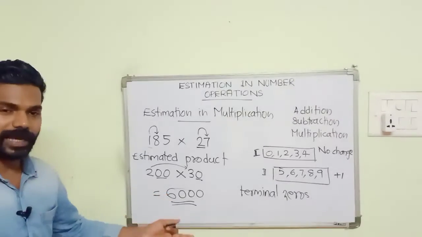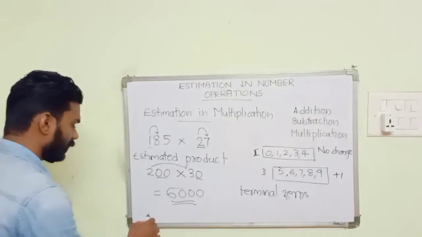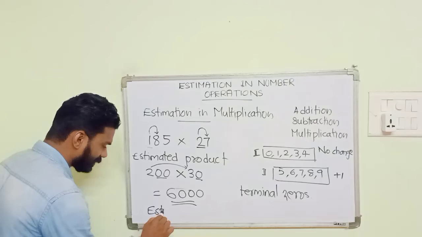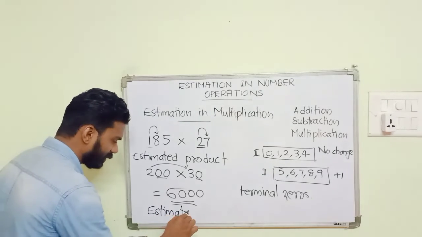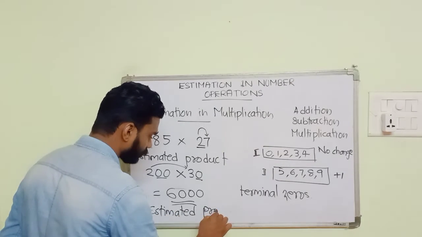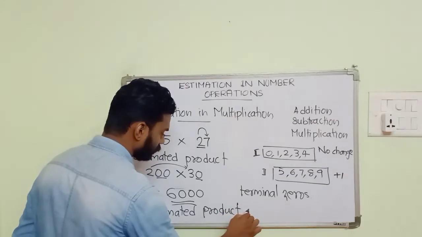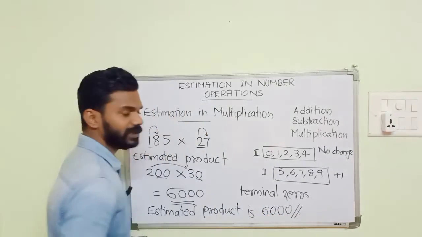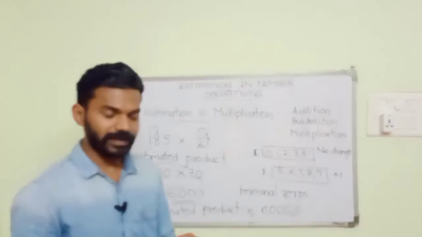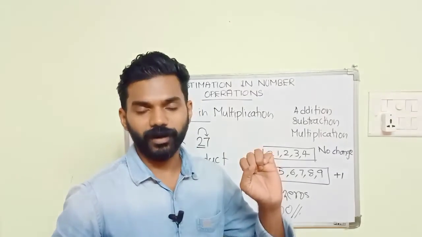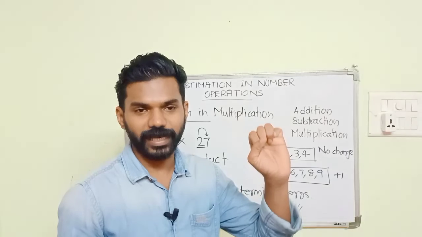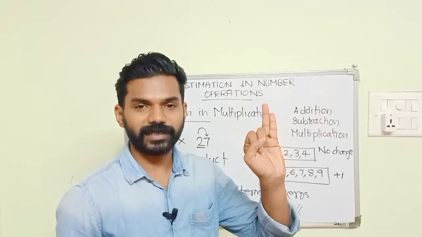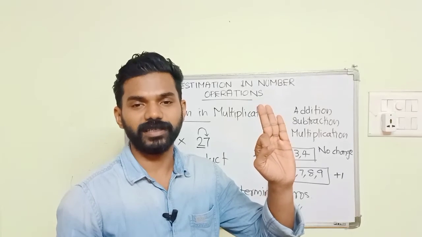And now how can you complete this question? You can say that the estimated product is 6000. So this is how estimation can be done in number operations like addition, subtraction and multiplication.